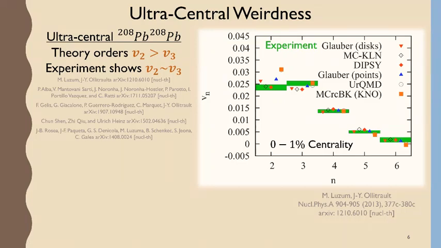You can see that consistently all of them either overpredict V2 or underpredict V3. So this is a consistent inconsistency that points to there being something more at play here, that our general models aren't able to reproduce.